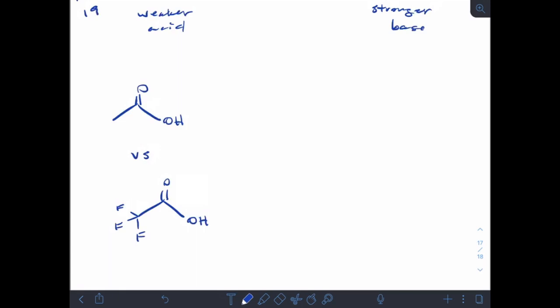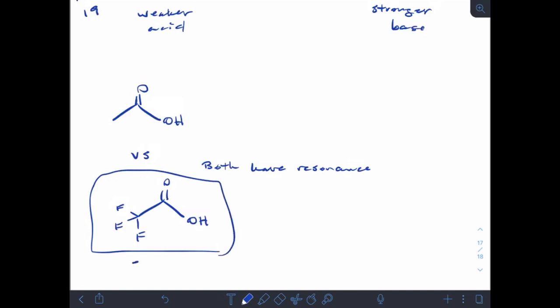Both of these have the ability to do resonance. Okay, if I pull that hydrogen off, then that double bond can help to share the extra negative charge. Great, cool. So resonance is not going to play into our decision. We're going to find that the trifluoro compound is a stronger acid.